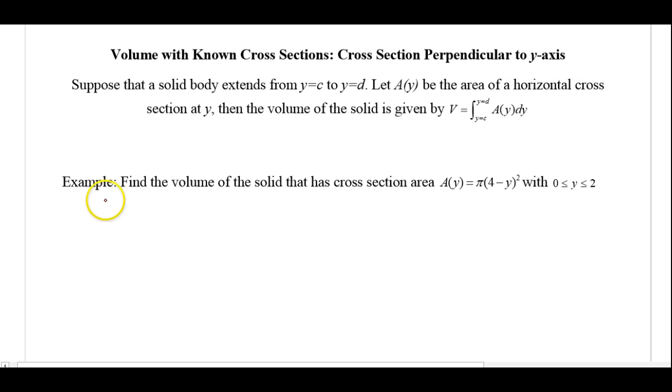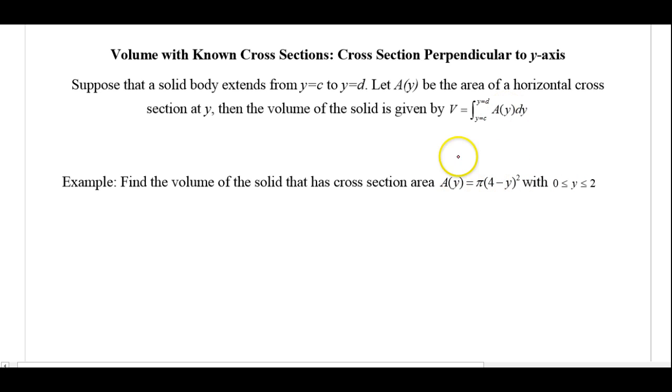We're going to do that basic type of example where we're asked to find the volume of a solid that has cross section area given by A of y equals pi times 4 minus y squared, with y values coming from 0 to 2. This is that easy type of problem where we're given the area of each cross section. We don't have to find it ourselves.